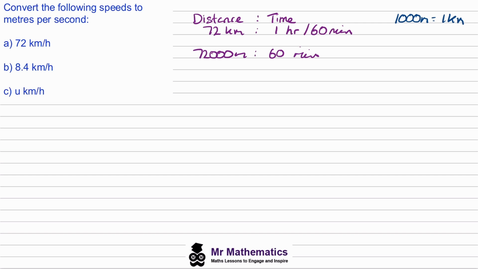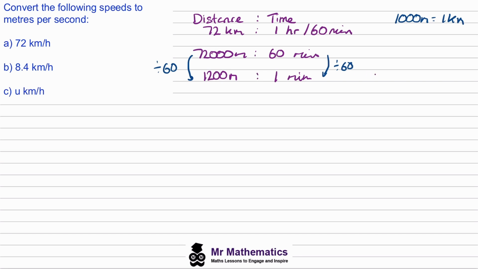So to work out meters per second, we need to find the distance covered in 1 minute. So we divide both sides of this ratio by 60, because 60 divided by itself will give us 1 minute. And to keep it balanced, we need to do it to both sides. So 72,000 divided by 60 will give us 1,200 meters covered every minute.